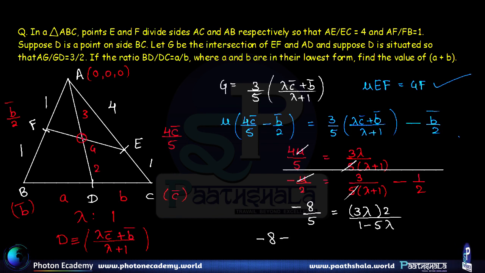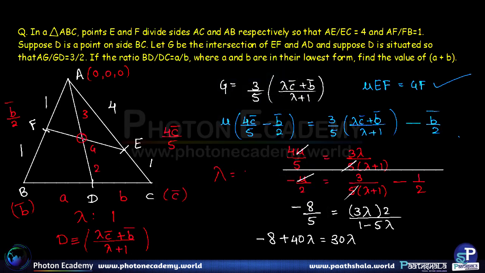Minus 8 plus 40 lambda is equal to 30 lambda. So lambda is equal to 8 upon 10. So that is equal to 4 upon 5. So our A is to B is 4 is to 5 and A plus B will become 9. So 9 is our answer.